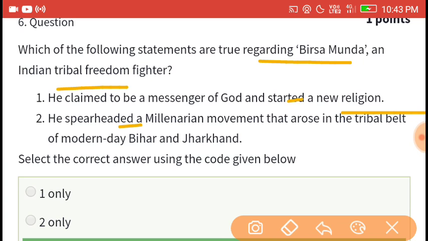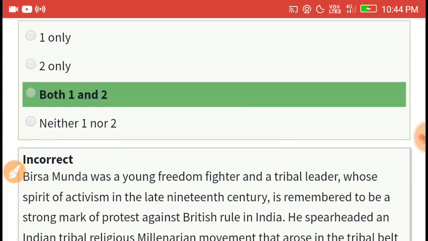He spearheaded a millenarian movement that arose in the tribal belt of modern-day Bihar and Jharkhand. So which are correct? Both are correct.